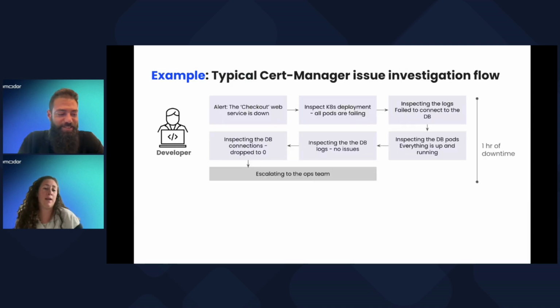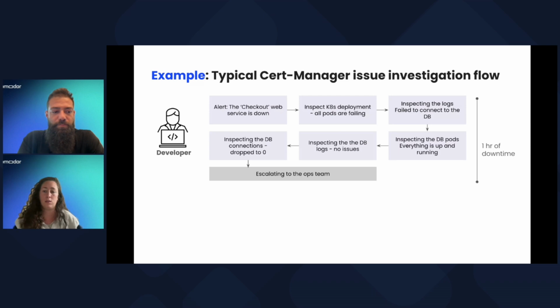So let's dive into an example of a modern day Kubernetes issue and see what the best practices are to address it today with the tools that are available today. This example is for cert-manager. For those of you who are not familiar with it, cert-manager is basically a Kubernetes tool that automates everything around TLS certificates within Kubernetes.